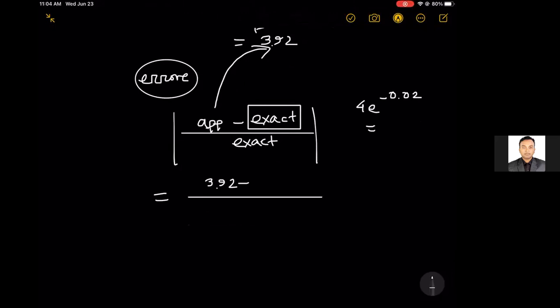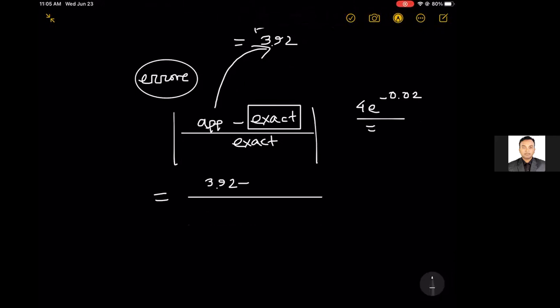What's the value of 4e to the negative 0.02? Anyone? That should be easy.